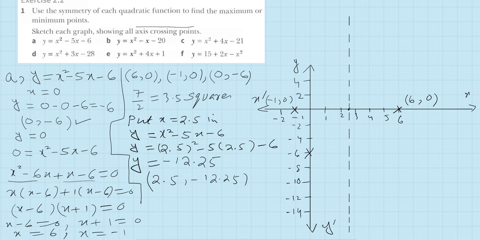Now this is 2.5, and where is minus 12.25? See, on the y-axis this is minus 12, this is minus 13. Obviously this point is minus 12.25.